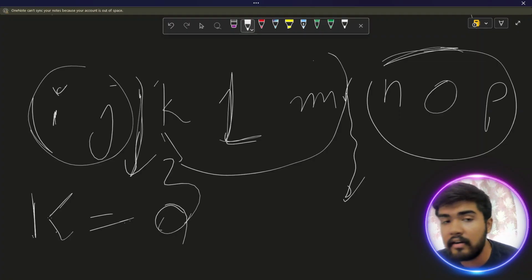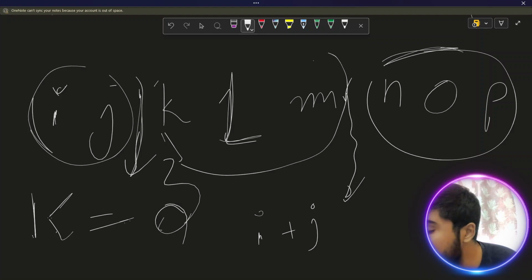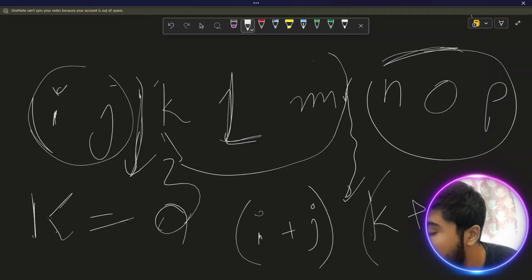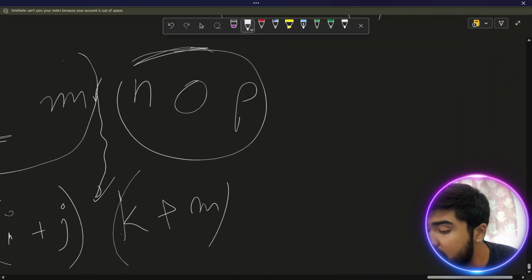So the first partition's contribution is nothing but i plus j. The second partition's contribution is k plus m, and the last partition's contribution is n plus p.